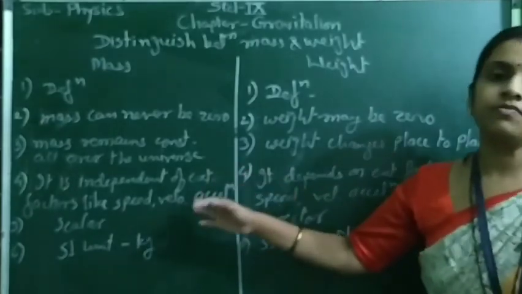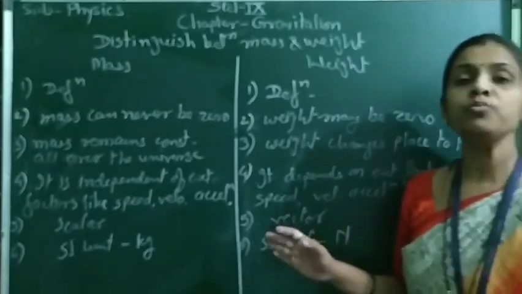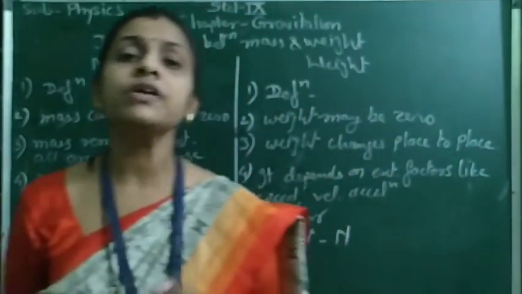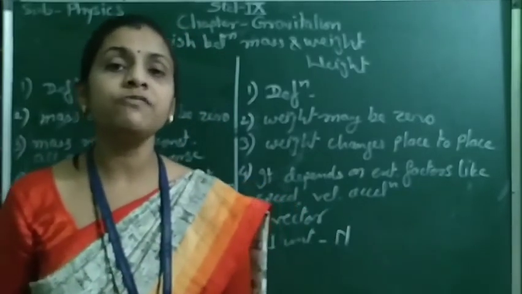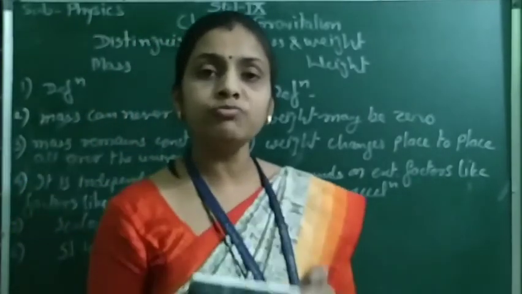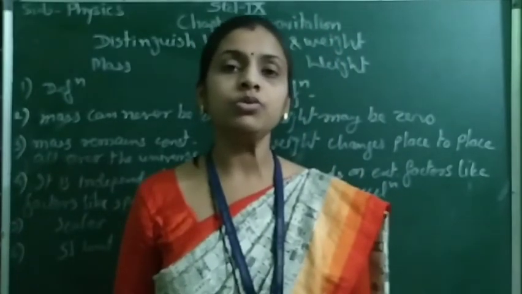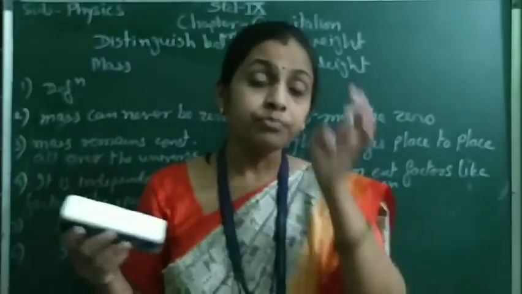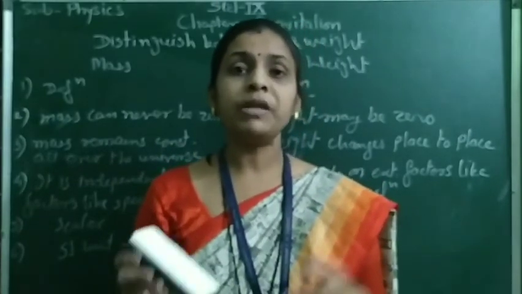So this is the difference between mass and weight of an object. Hope you understand the difference. If we consider any same object, then its mass remains constant all over the universe or on any planet, but its weight may change from place to place.